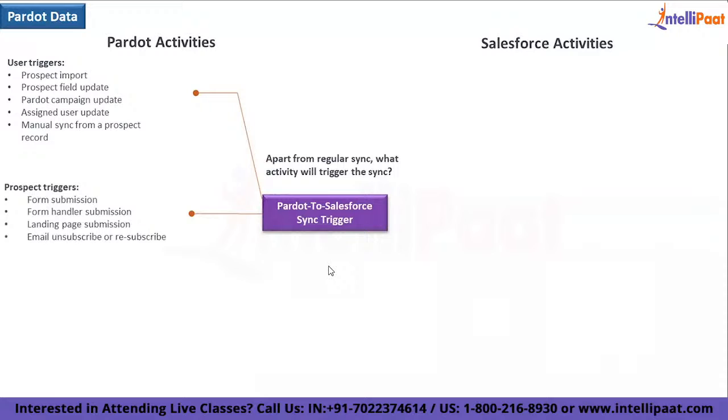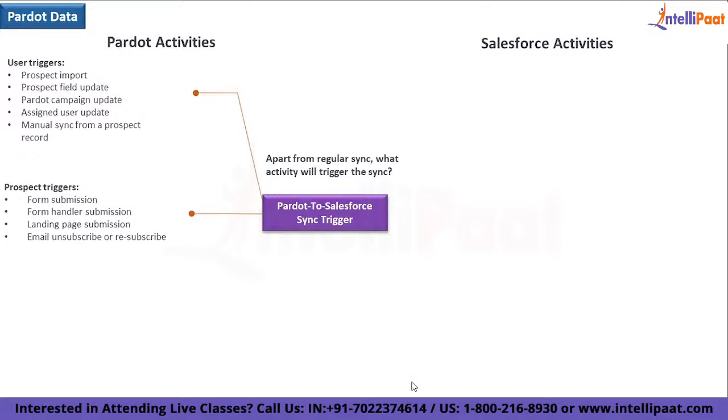Apart from this, there are prospect triggers: a form submission, form handler submission, landing page submission, or email subscribe or unsubscribe. Whenever these activities happen, there will be an immediate sync. So apart from the normal sync, which happens every 2 to 4 minutes in batches, there will be a sync when there is an activity.